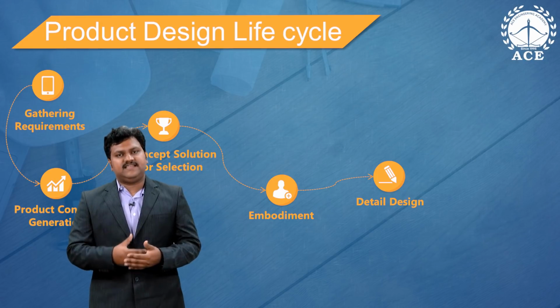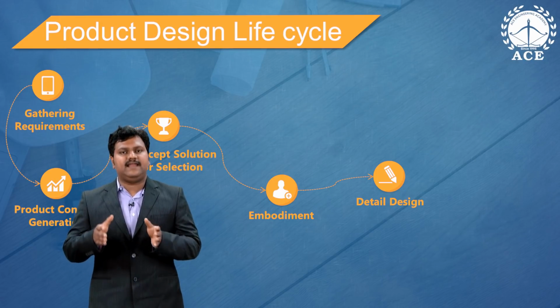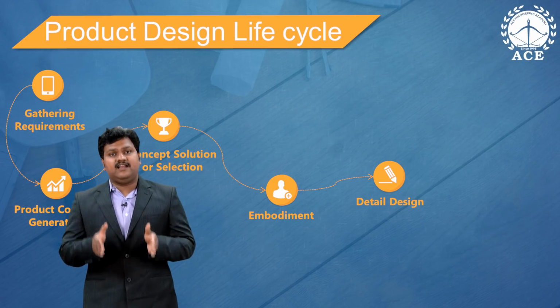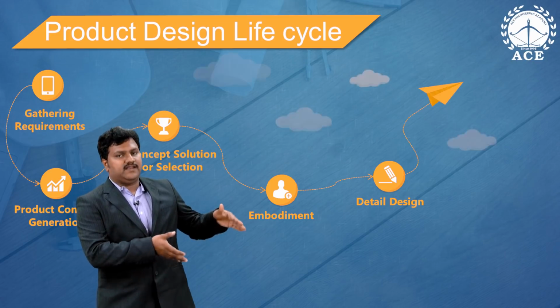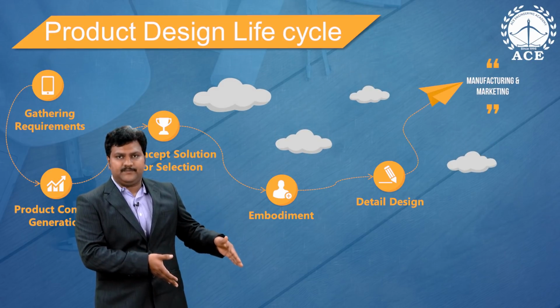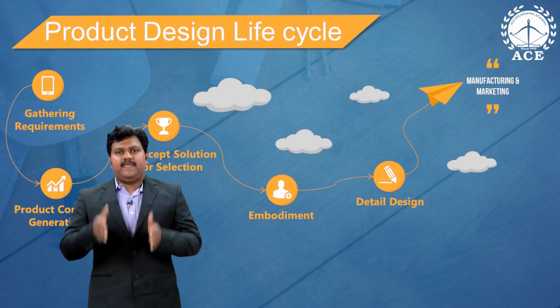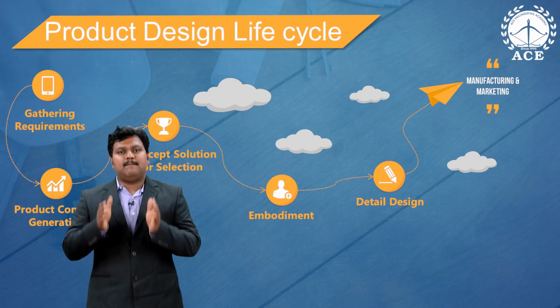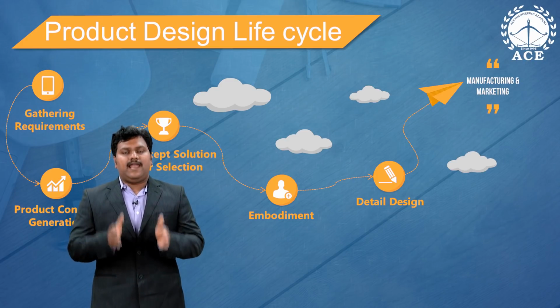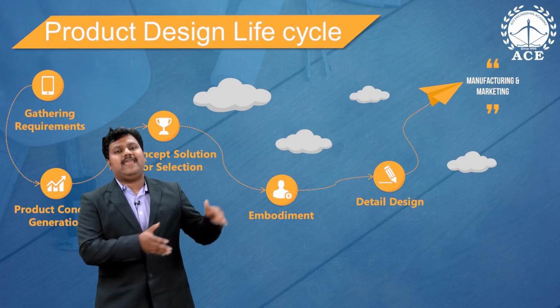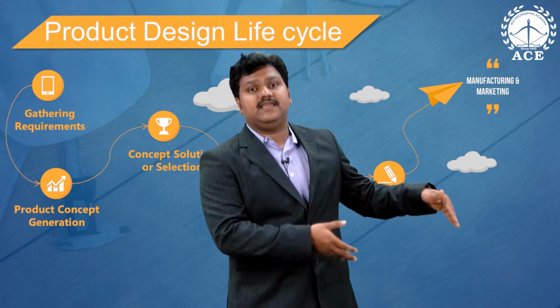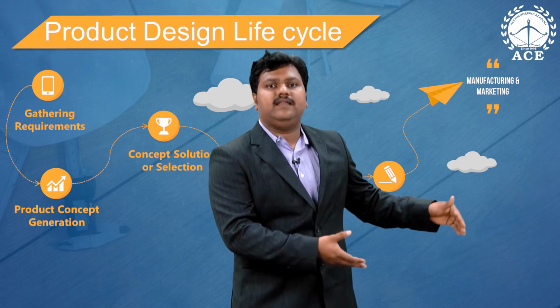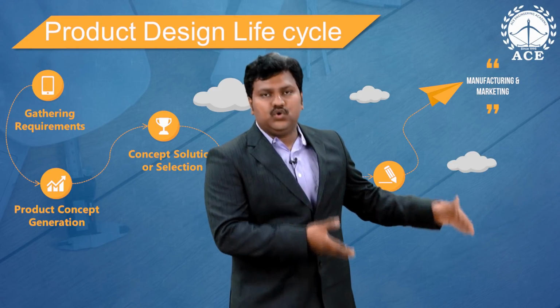Like this, there are various decisions that are made during the detailed design process, and final detailed drawings are submitted for the next department or the next stage, the manufacturing department. So this detailed design ensures that the completed drawings help the product to be manufactured in any part of the world. So during the manufacturing stage, the product is manufactured and it is marketed to the customers.